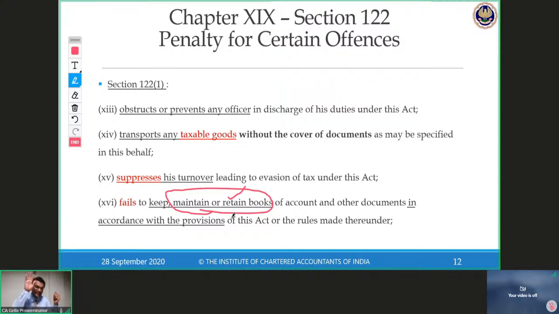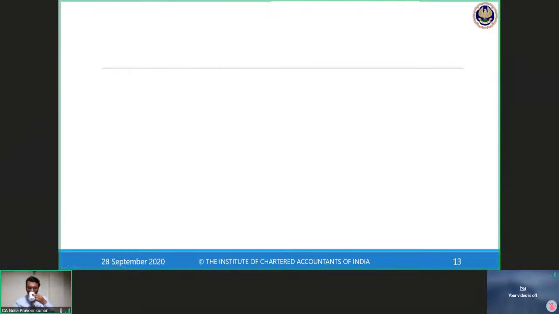I'll come to that to explain how we deal with this particular provision. As of now, we say I have taken utmost care as a registered person to maintain books of accounts. An event beyond my control occurred where I was made incapable of compliance under the GST law. Then I would say I don't fall into the clutches of non-compliance, provided I make a written communication to the concerned officer. When I go to 128, I'll explain in detail.